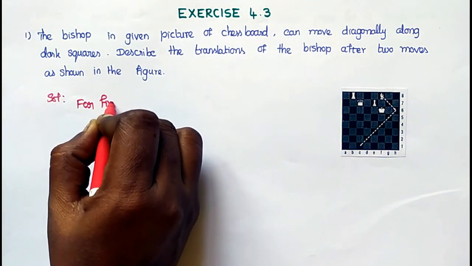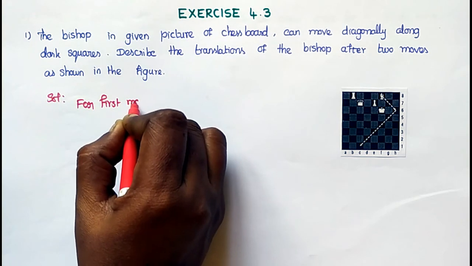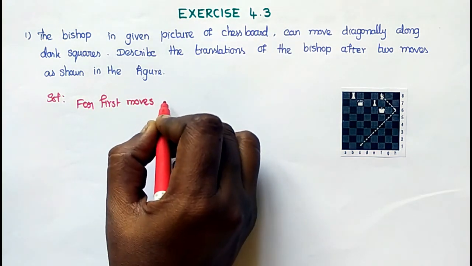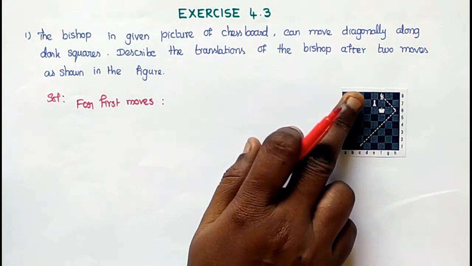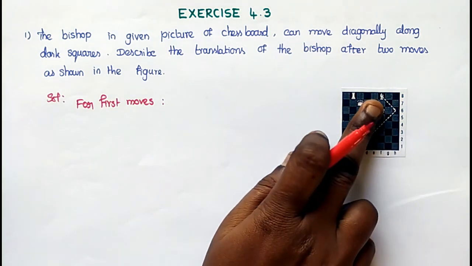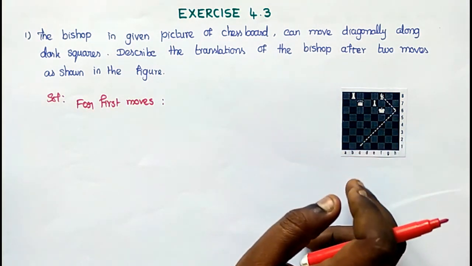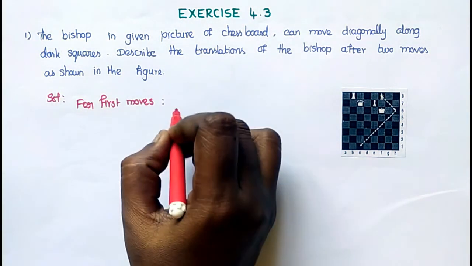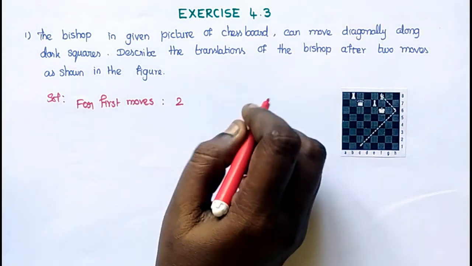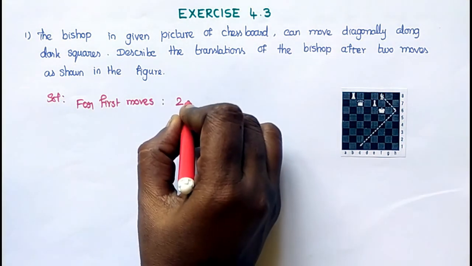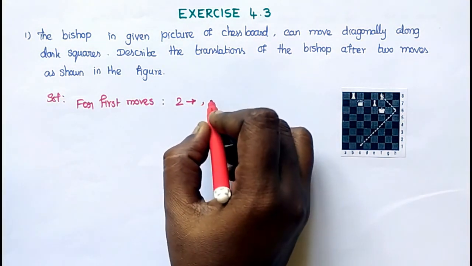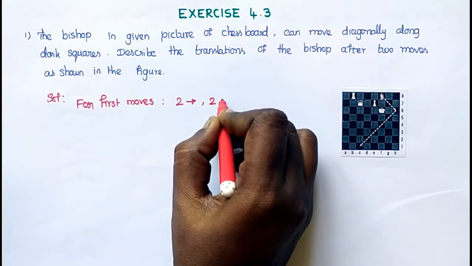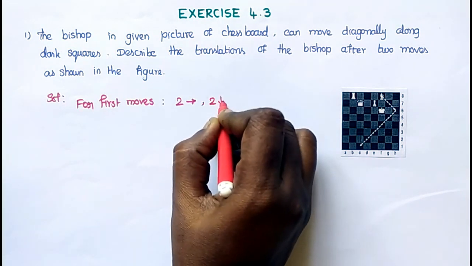For the first move, the bishop can move only on dark squares. A dark bishop means it can move on dark boxes only. So, 2 moves right side and then 2 moves downwards.